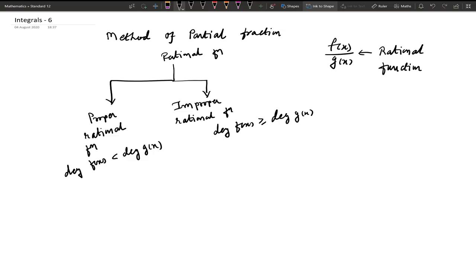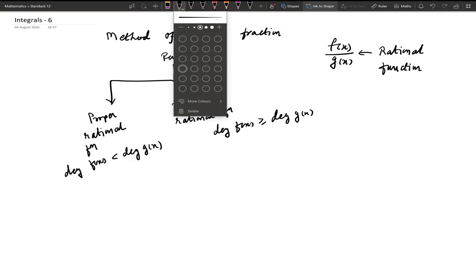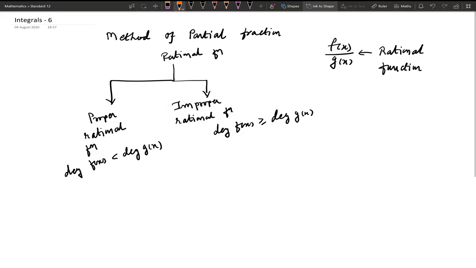If an improper rational function is given, then by actual division or by rearrangement of numerator, one can express the improper rational function as sum of polynomial plus proper rational function.